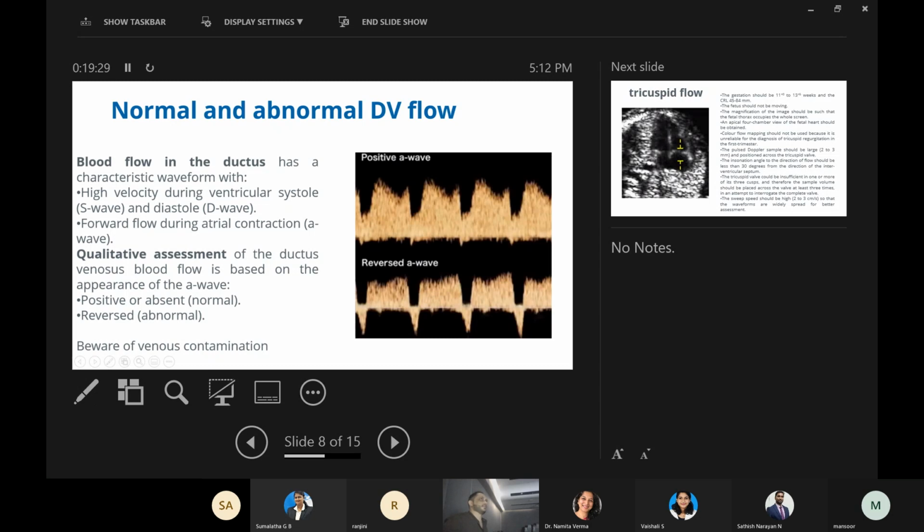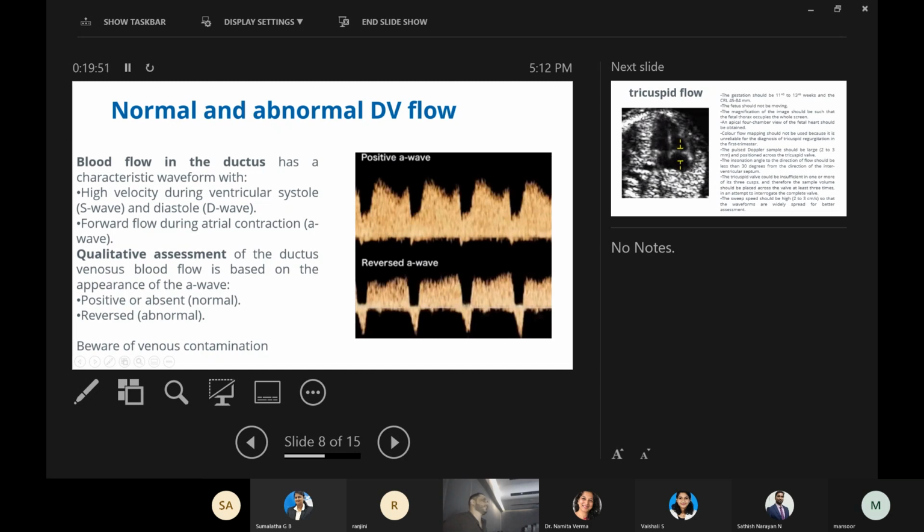This filling in between these waves is the A wave. If this is reversed like this, then that is an abnormal ductus venosus flow. That is how we qualitatively assess the ductus venosus, whether the wave is positive or absent. That is normal. But if it is reversed, it is abnormal.